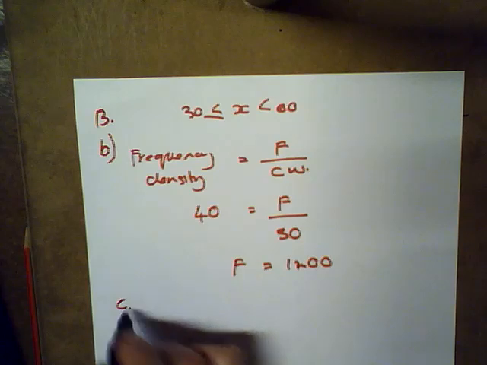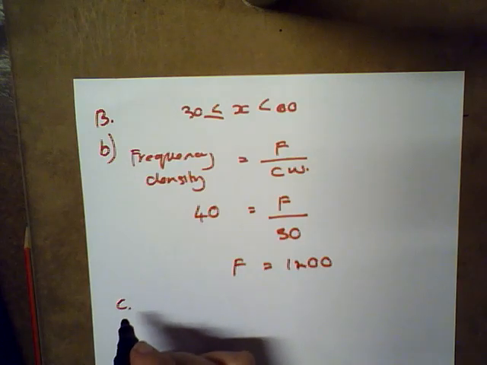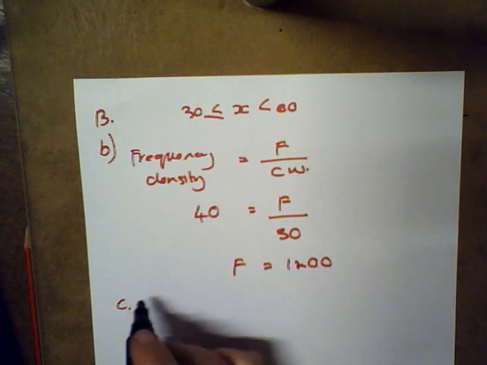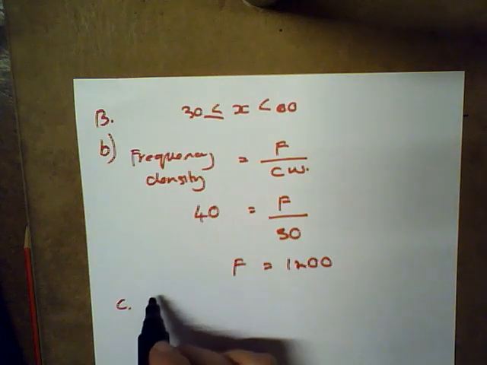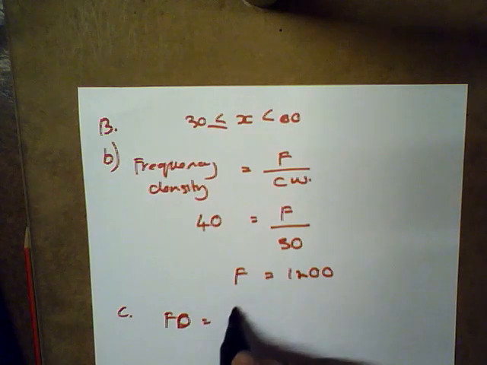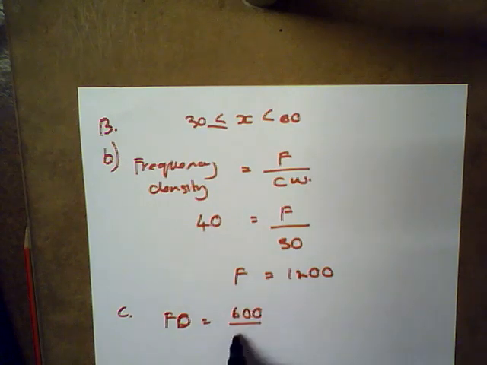Okay, so C is draw the two missing rectangles to complete the histogram. And well, let's quickly just work out what would be their frequency density. It is that 600 frequency over their class width, that is 20, and that should give us an answer of 30.